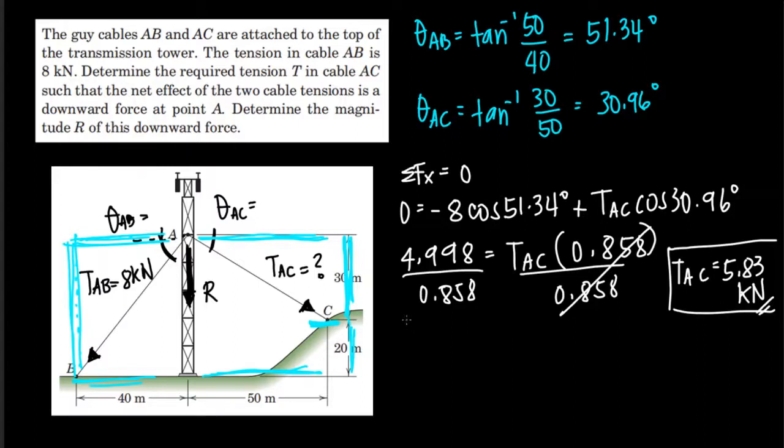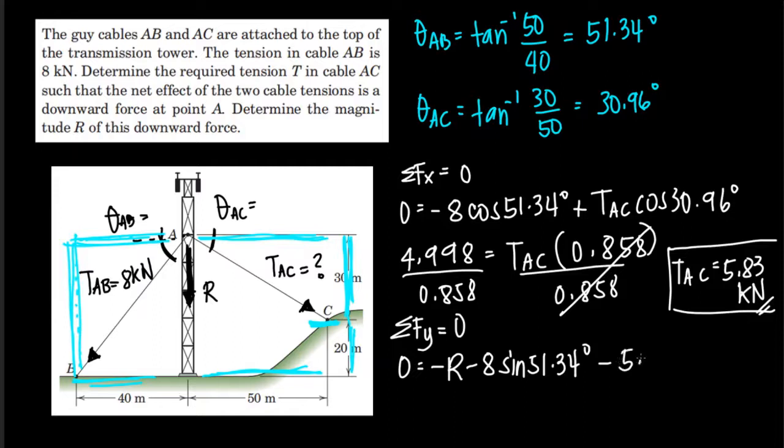Now, for the summation of forces along the Y, you have 0 equals. R is pointing downward, so it's negative R right away. TAB is also pointing downward, that's negative 8 sine 51.34 degrees. TAC, now you know what TAC is, so that's negative 5.83 sine 30.96.